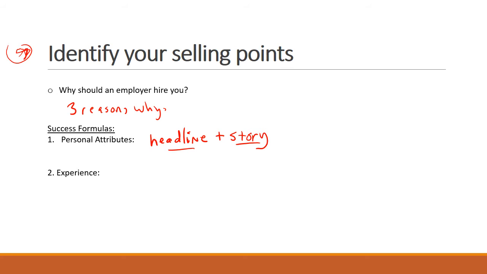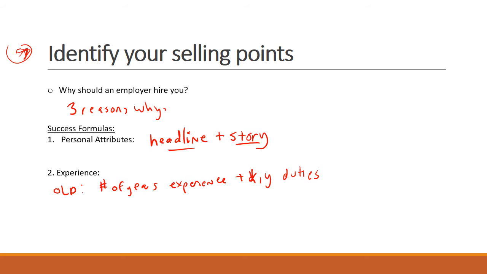So here's the formula that you want to use. The old formula that people tend to use is number of years experience plus X and Y duties, okay? So most people, when they put it in a sentence, will put it like this. I have 5 years experience doing customer service management, okay?